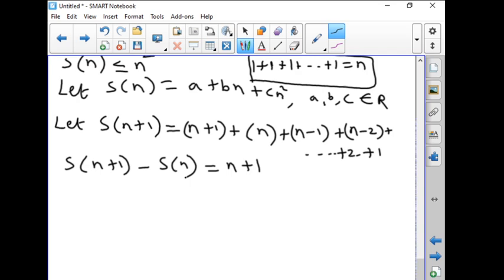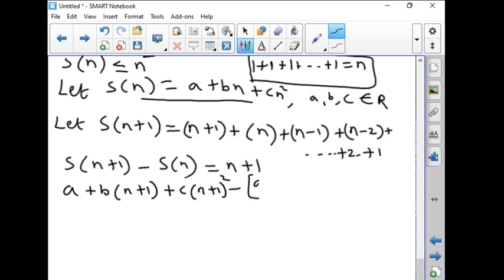Okay, now what is s of n? இதுக்கு வாங்கம்மா, இந்த டேர்முக்கு வாங்க. இங்க s of n plus 1, n இடத்துல என்ன போடுங்க, n plus 1. So what you get? a plus b into n plus 1 plus c into n plus 1 the whole square minus s of n. So s of n is a plus bn plus cn square, equal to n plus 1.